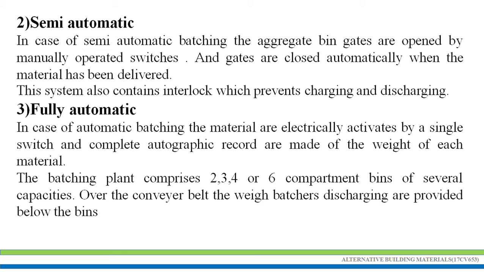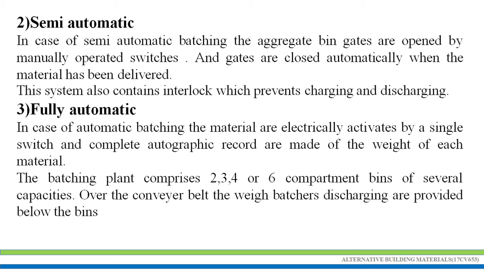Third one, fully automatic. In the system we have to enter how much amount of material is required. Everything is recorded in an automatic batching machine. Once the materials are delivered, it will automatically stop taking material.